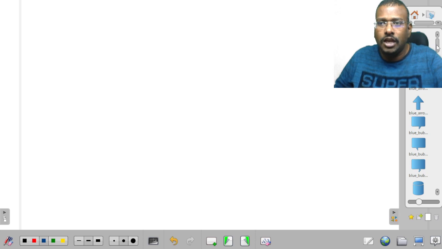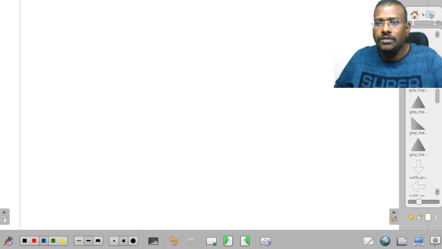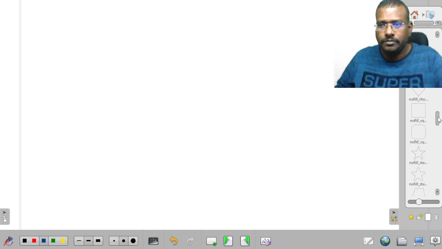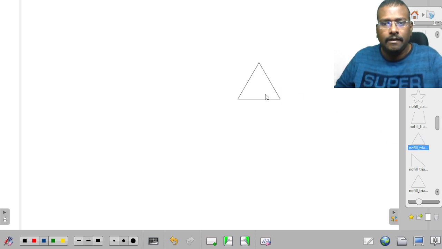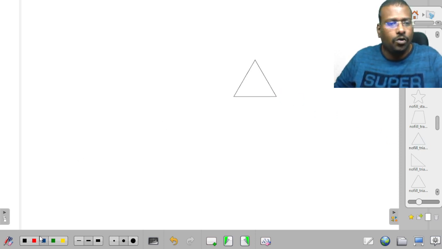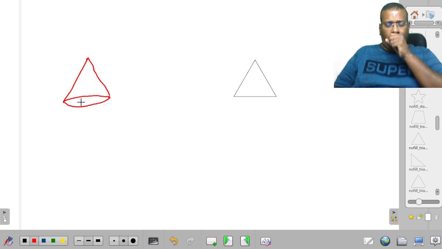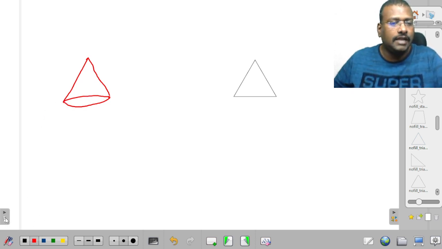So what is the shape of the cone? Once you observe the cone, if you consider a cone, this is the cone. The cone will appear as a triangle in one view.